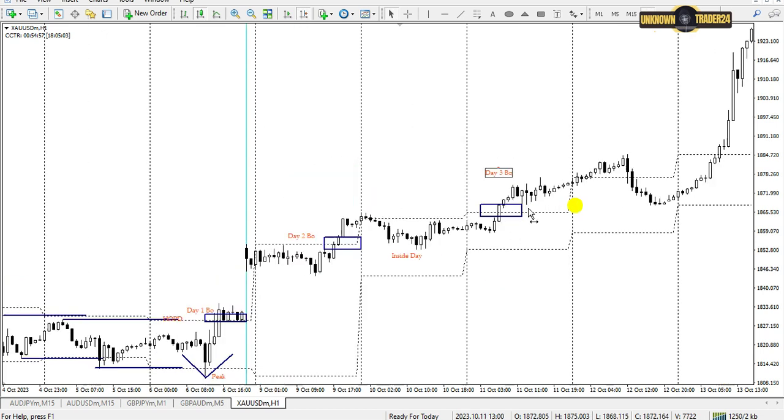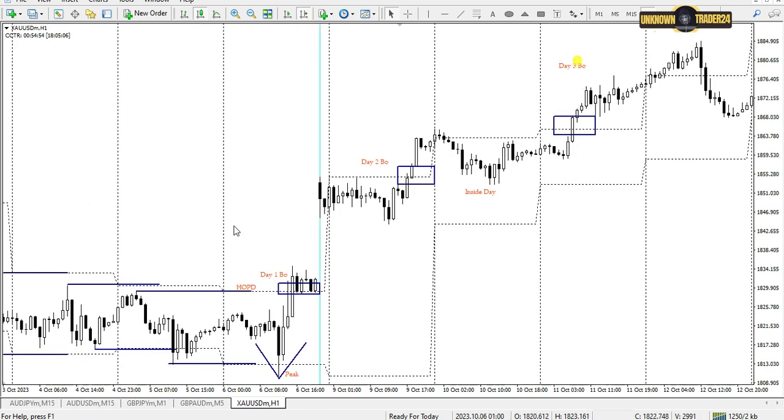Looking at the strategy, we use two kinds of strategy. We want day 2 continuations or we want day 3. I personally love the day 2 continuations because trend is your friend.